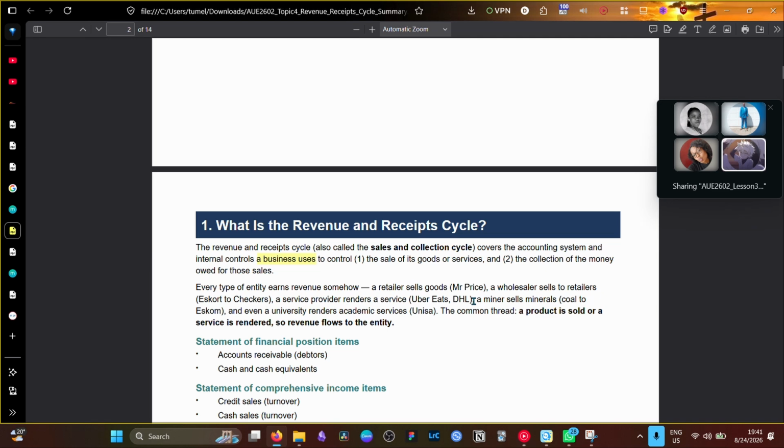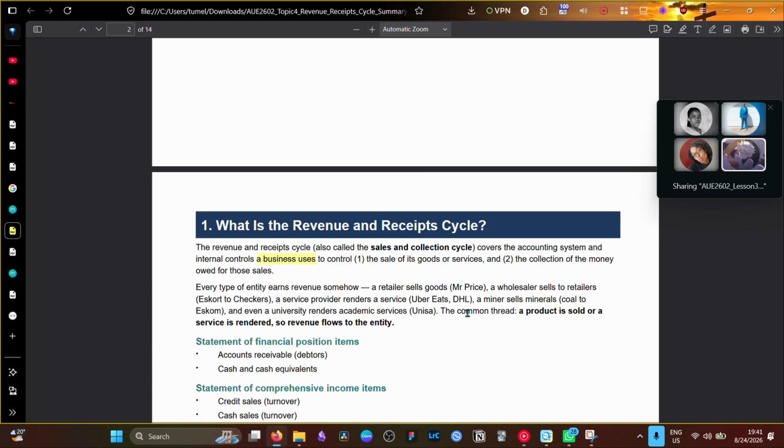DHL usually deals with tyres. I know they have other services and different things like that, but DHL is usually like tyres, or they check your tyres and so on. A miner sells minerals, coal to Eskom, and even a university renders academic services, Unisa.